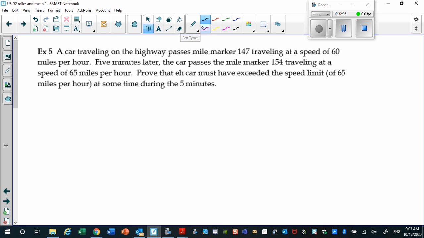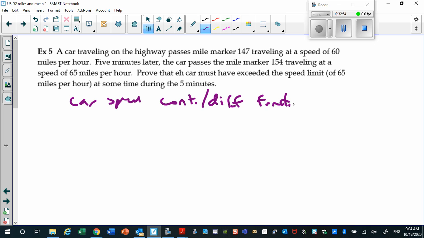Let's talk about the speed of the car. Since we're talking about the car, the speed, I should say, is a continuous differentiable function because of the way it works.